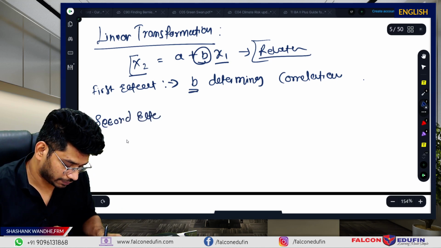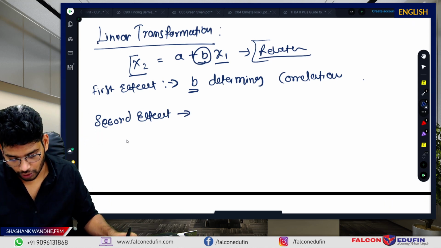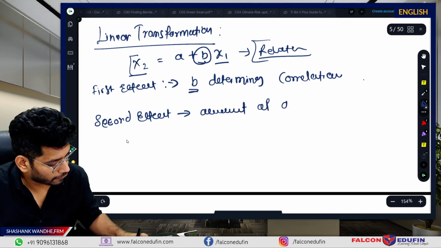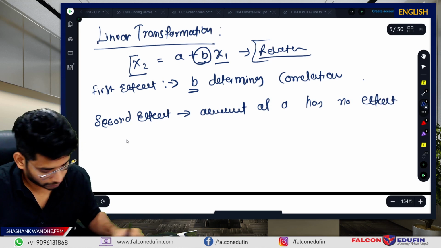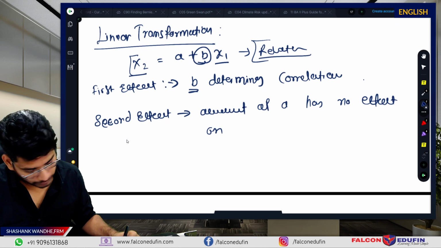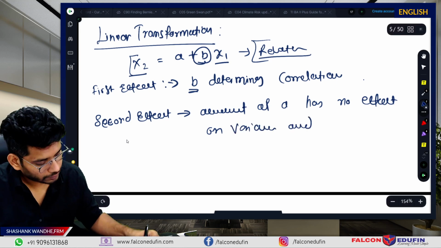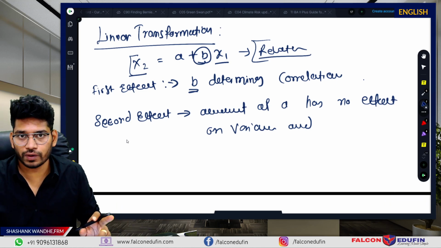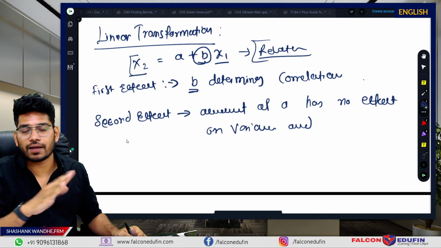Second effect: the amount of a has no effect on variance, of course. Again, remember the linear transformation property from the common univariate chapter. You already know the meaning of this, that is a plus bX.